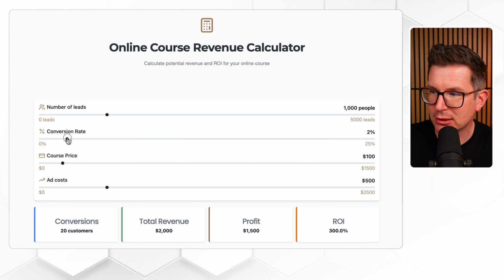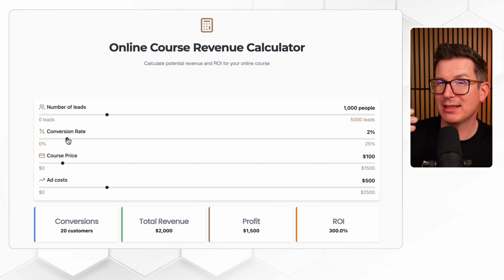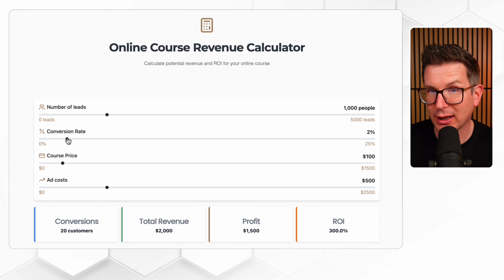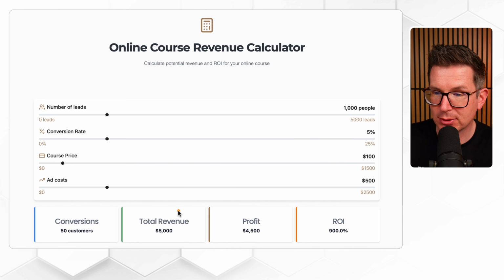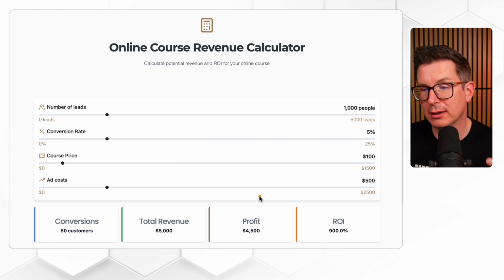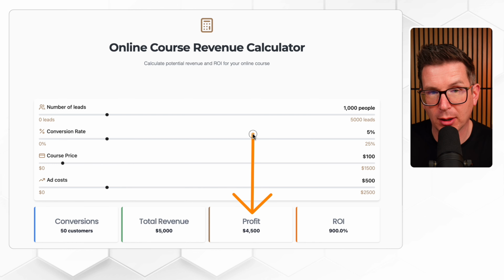So if you can get 2% converting, or maybe if you're reaching a warm audience, people that know, like, and trust you, then the conversion rate can be a lot higher, maybe 5%. And you still have that course for $100, but now we're starting to get a lot more in revenue, and the profit goes up as well.